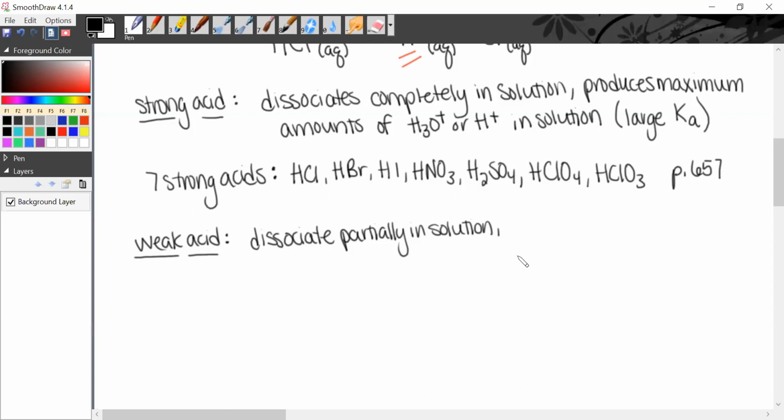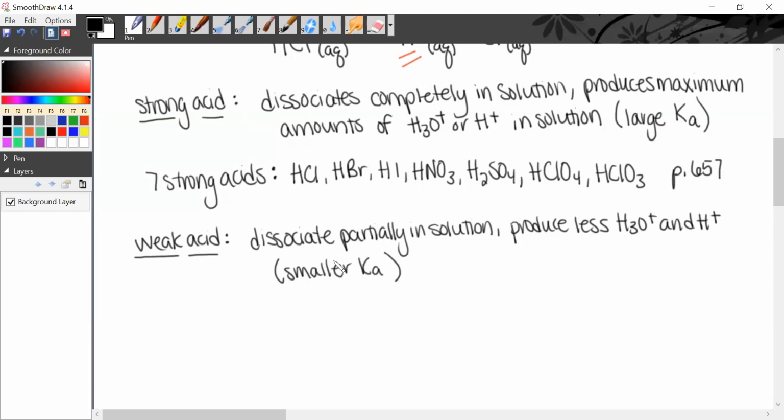I do have containers of solid acid, and we call it an acid when it's sitting in the acid cabinet in the back hallway, but we don't get those free H pluses until we dissolve it in water. That was a side note. Weak acids dissociate partially in solution and produce less H3O plus and H plus, and thus they are going to have smaller Ka values.